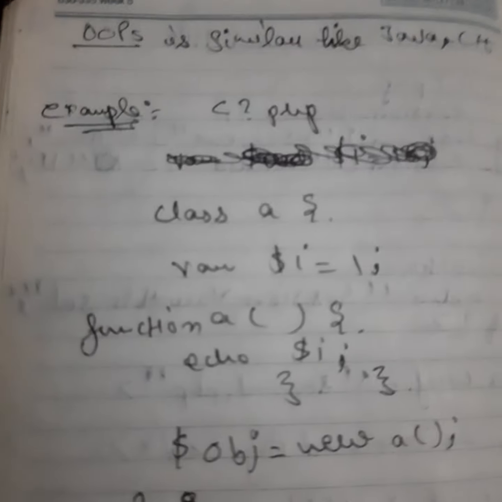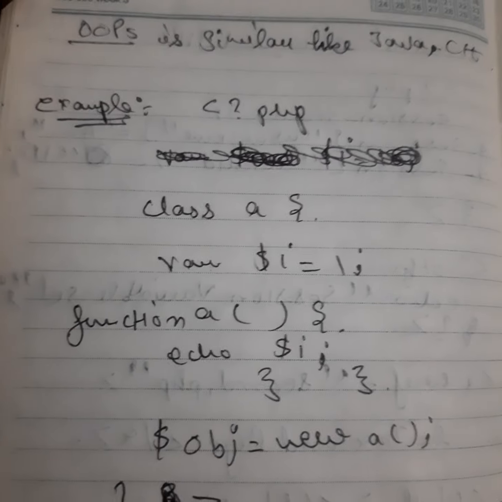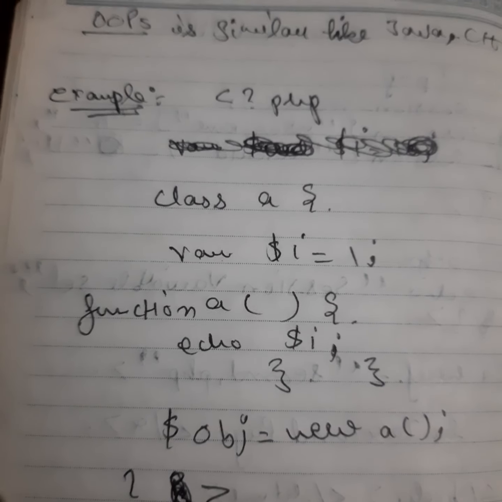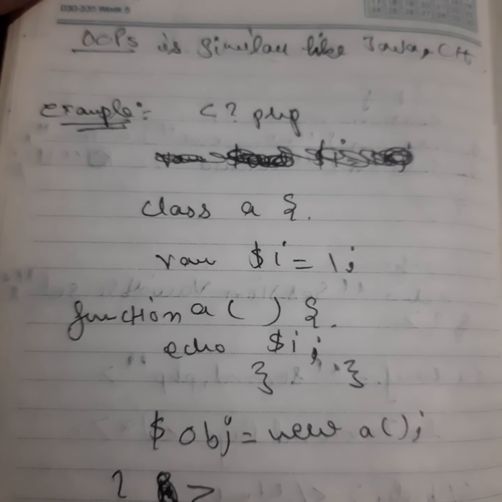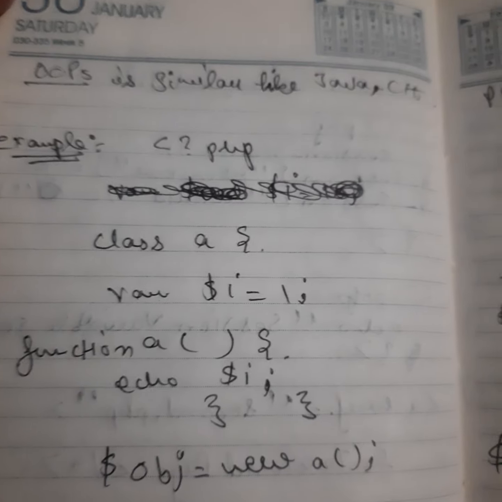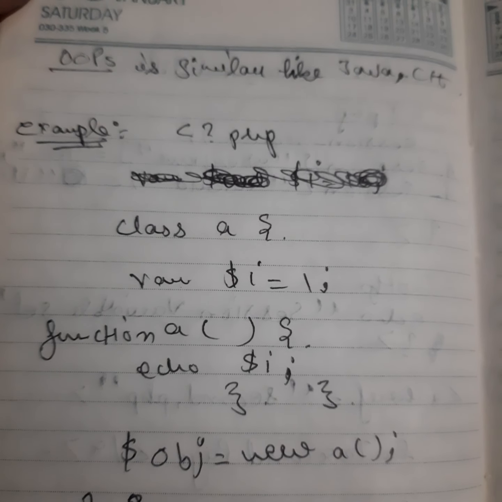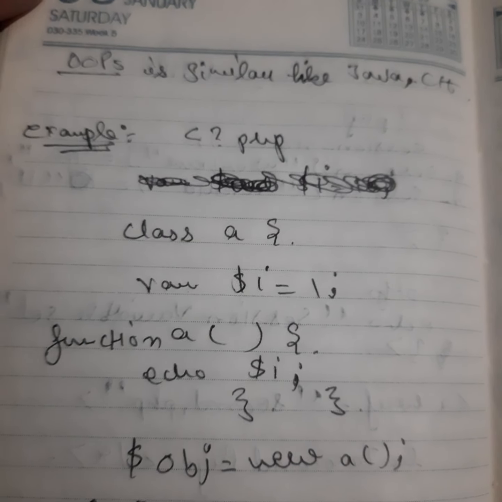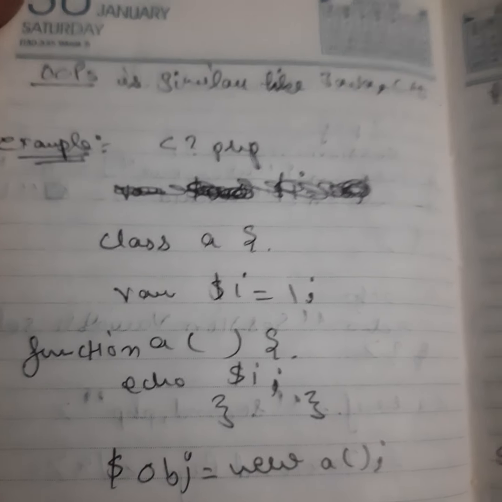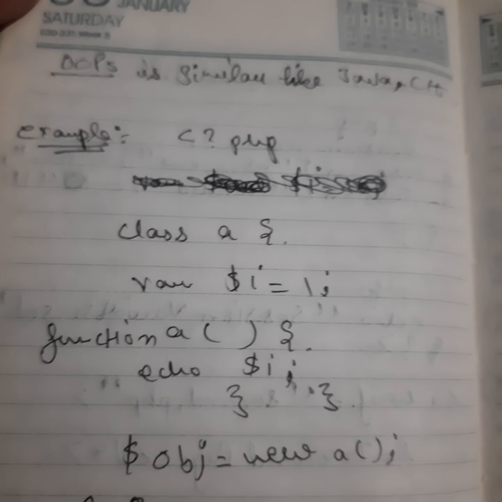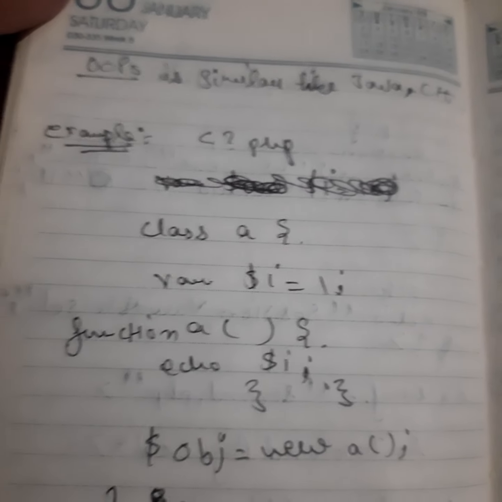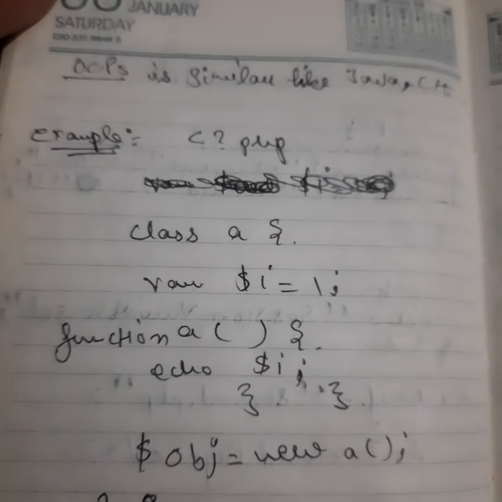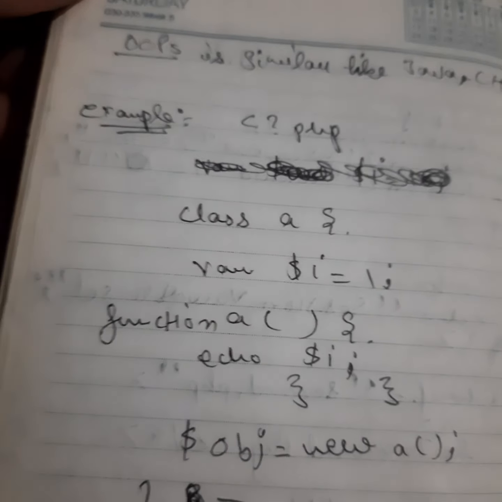Then the OOP concept in PHP. OOP in PHP is similar to Java and C++ platforms. They also have polymorphism, classes, inheritance, abstraction, encapsulation.